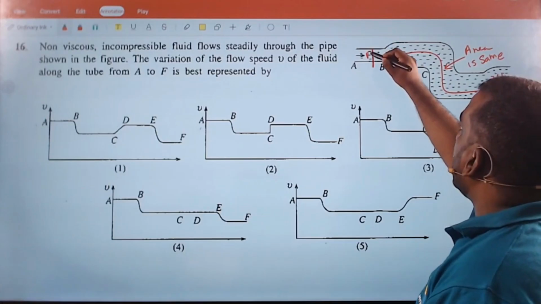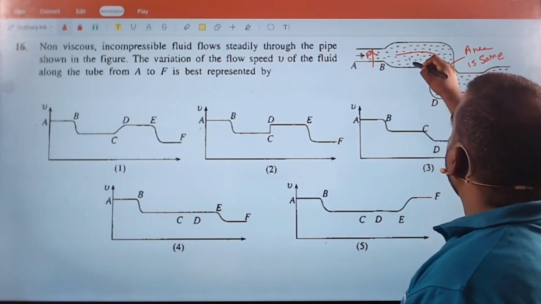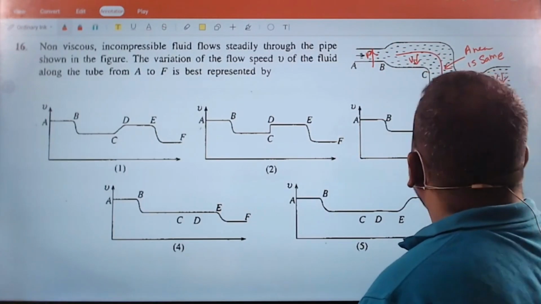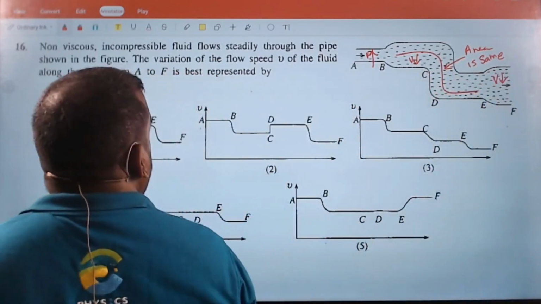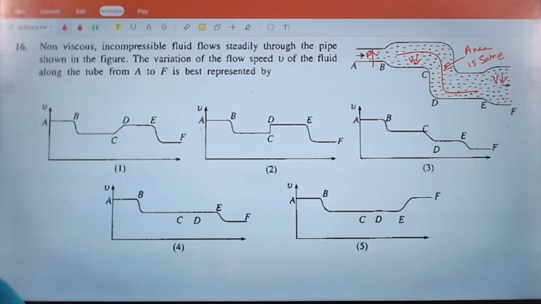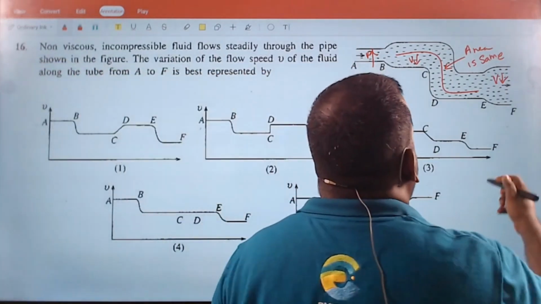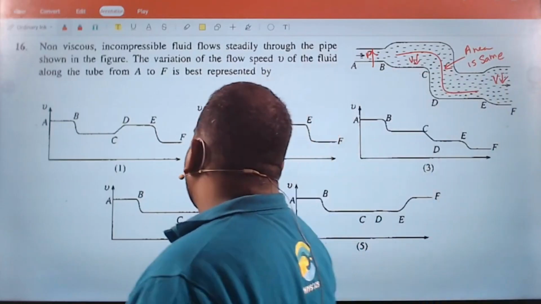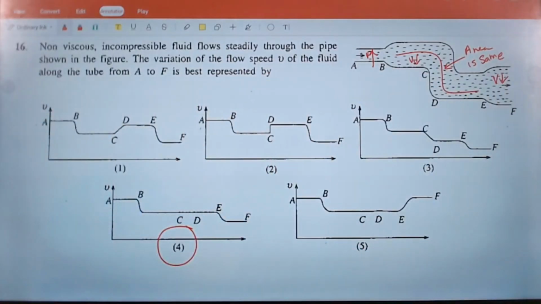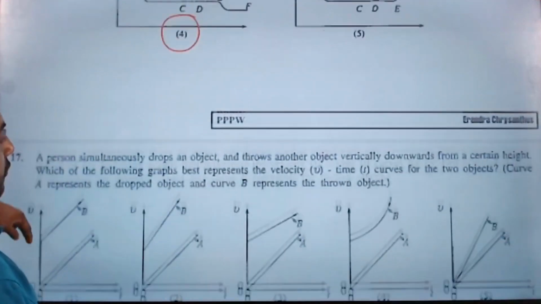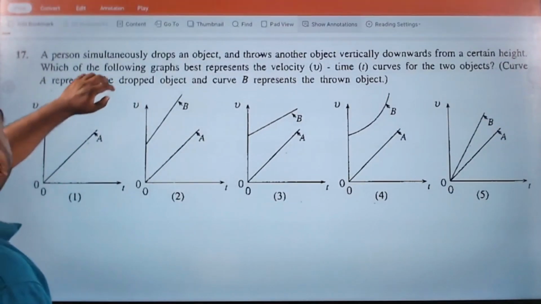Here velocity is large, here velocity drops. So looking at this, what can you say? Constant velocity from B to E. Then again the area further increases, again velocity drops. Correct answer is answer number 4.